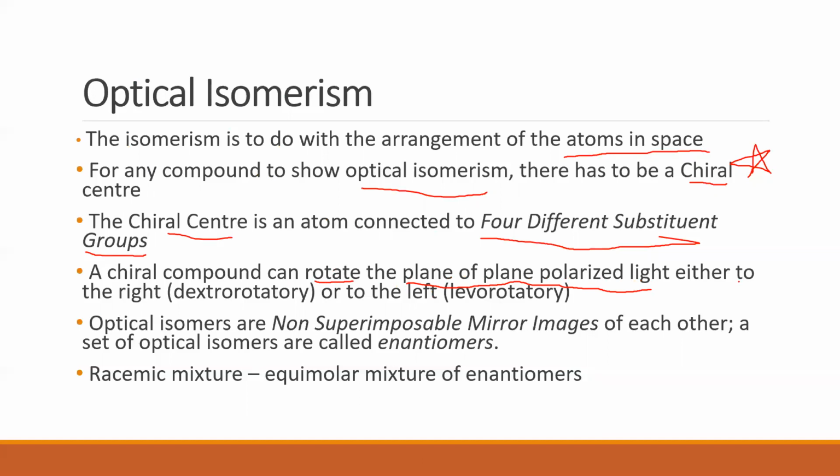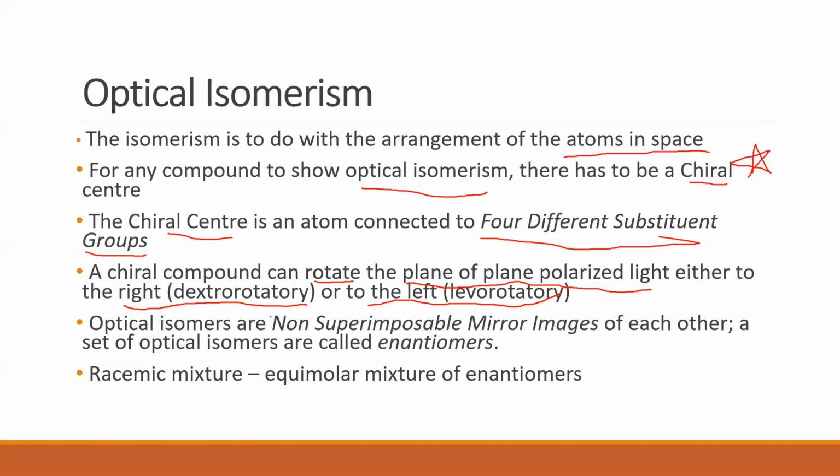If it rotates to the right, we call it dextrorotatory, or to the left, we call it levorotatory. Even after me repeating it 2 times, I know it's difficult for you to understand this particular sentence. We will understand this better when we look at the diagram. So I'll just park it here so that we will understand it through a specific case, and then we will come back to this.